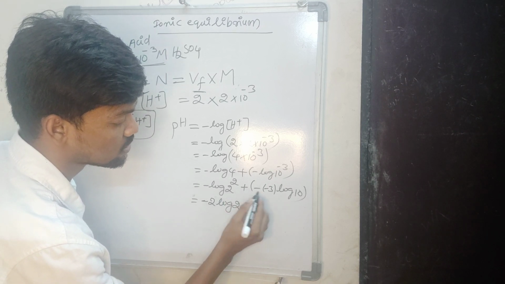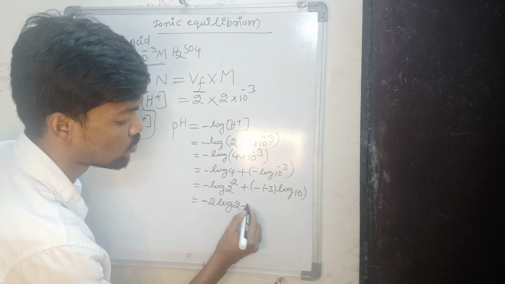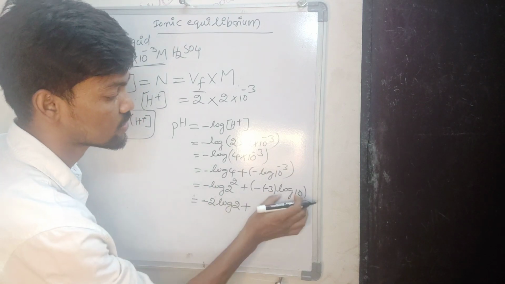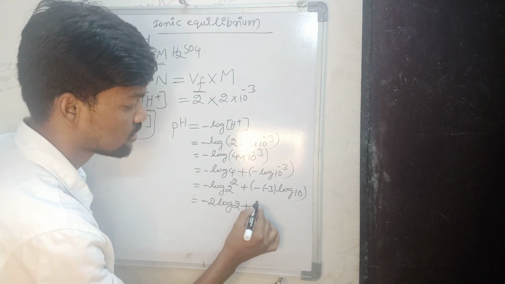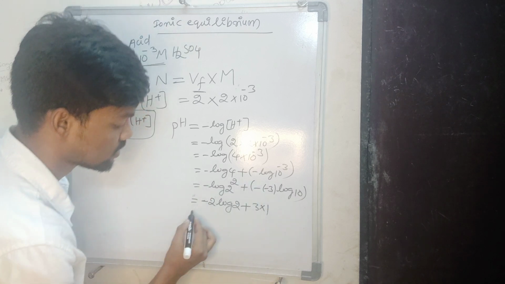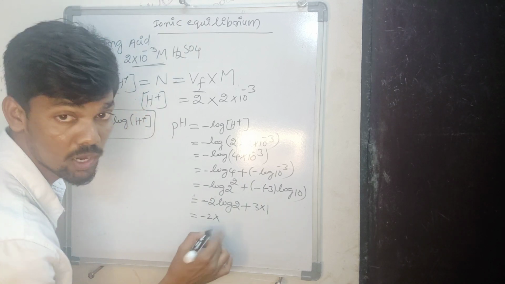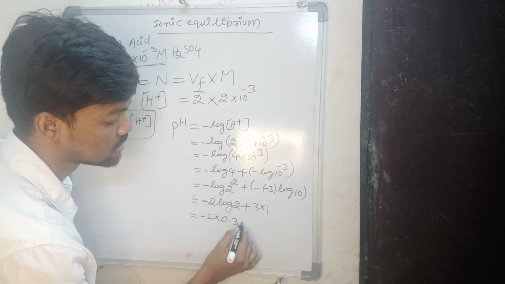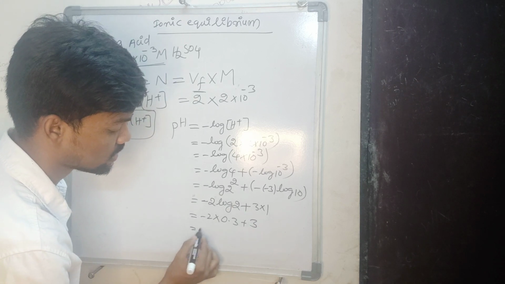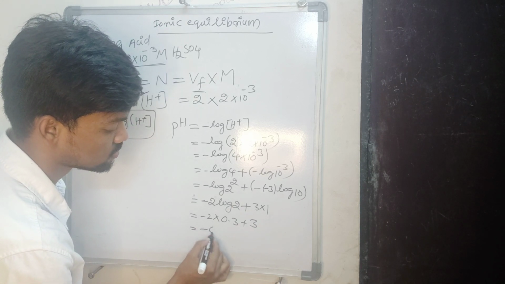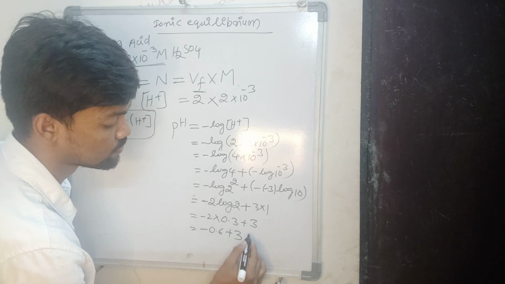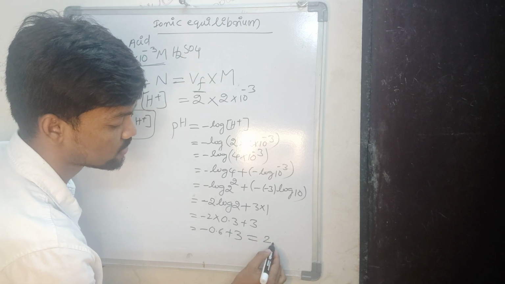Overall it is plus for the first term. Log 10 value is 1, so 3 into 1 is 3. Minus 2 into log 2, where log 2 is 0.3, totally is minus 0.6. It is 3 minus 0.6, so 2.4 remains.